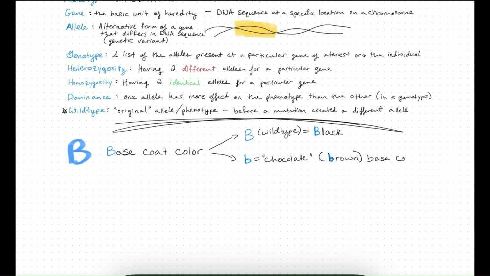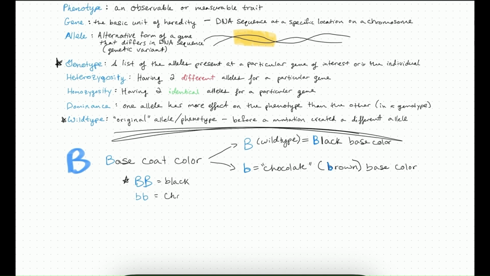Assuming the rest of the rabbit's coat color genes indicate a solid dark color phenotype and that rabbit has genotype big B big B at the B gene, it will be black. A rabbit that is homozygous little b will be chocolate. A rabbit that is heterozygous big B little b will be black.